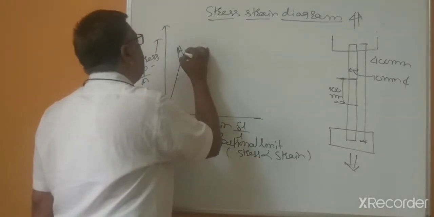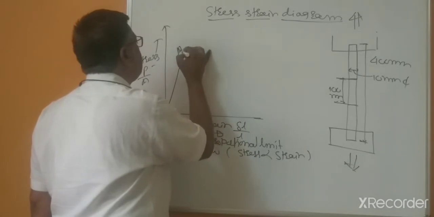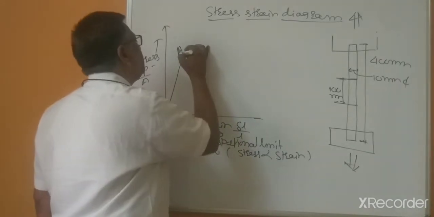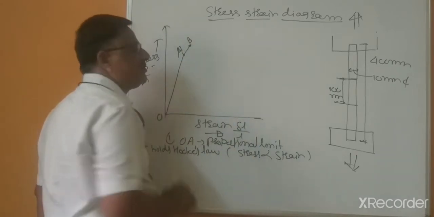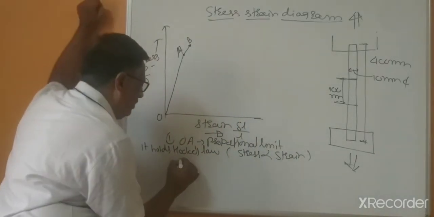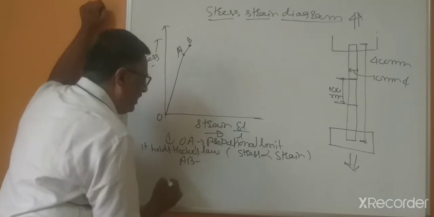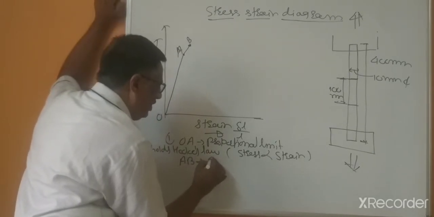Now from point A, the curve bends; compared to stress, strain is slightly increased, up to point B. So this AB limit is called the elastic limit.